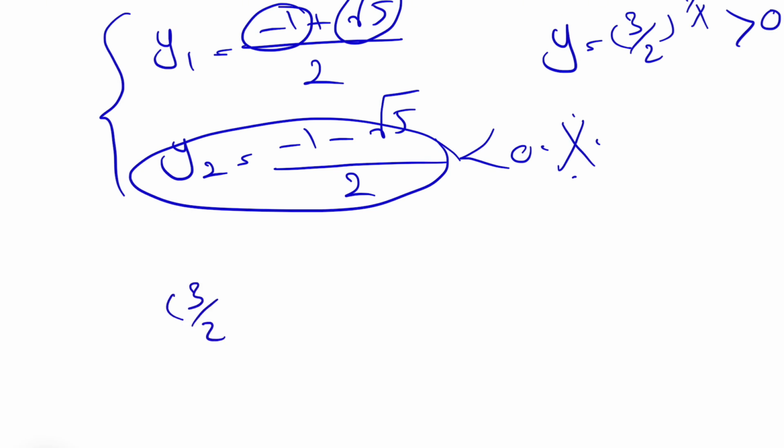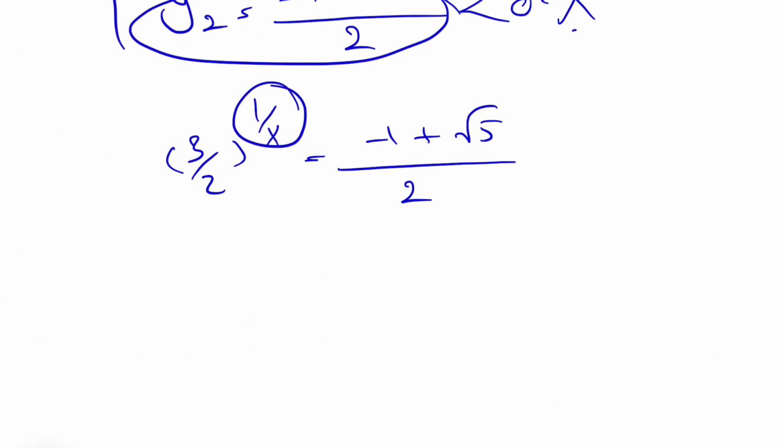So we have (3/2)^(1/x) is equal to (minus 1 plus square root of 5) over 2. And now we have our x in the exponent. The common way to go with this kind of question is to take the log on each side of the equation. We know that when we have the log of a to the power b, the b always goes in the front, so it will be b times log of a.